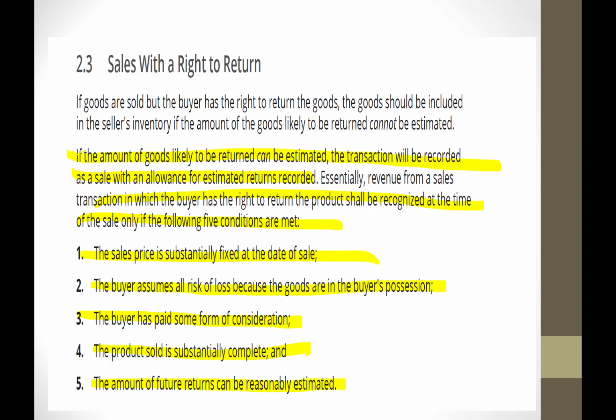And if these things sound familiar, it's because we talked about these things in the revenue recognition chapter, right, that are necessary in order to recognize the revenue and thus say that the goods have actually been sold and move them from the seller's ending inventory and include them in the buyer's.